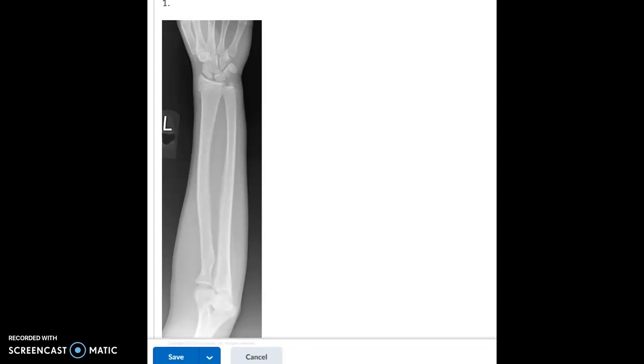The reason why is because there is going to be a little bit of superimposition of the first, or the trapezium and the trapezoid in the AP forearm projection. But also take a look at your radial styloid process. It is in profile, so there is no rotation in this wrist.